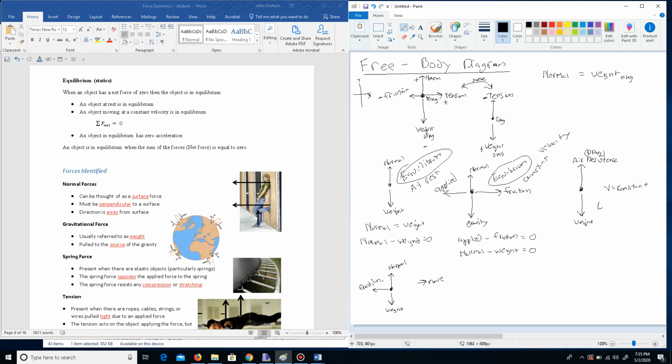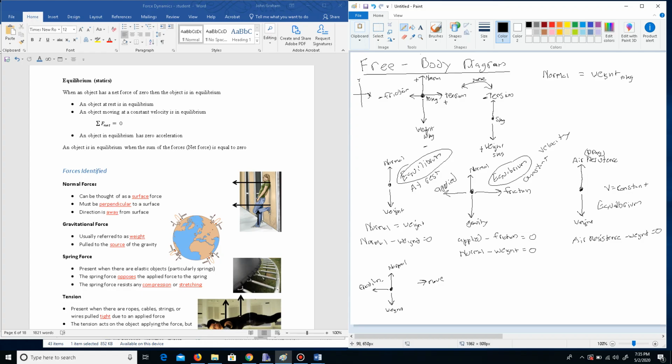You actually have equilibrium in this one since it's a constant velocity, and the air resistance minus the weight equals 0.